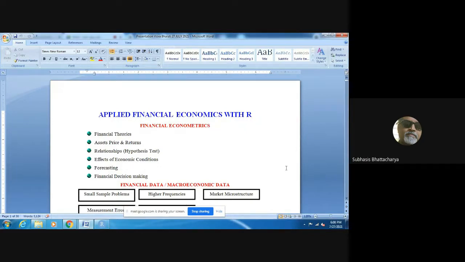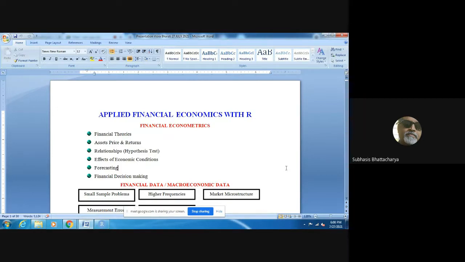So the financial econometrics is the application of econometrics dealing with financial data. The literal meaning of econometrics, I think everyone is from an economics background, is measurement in economics.